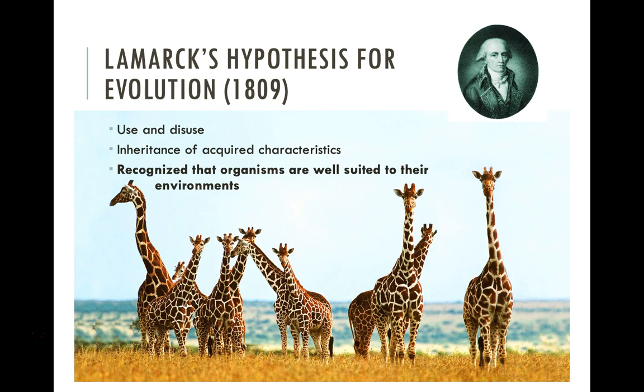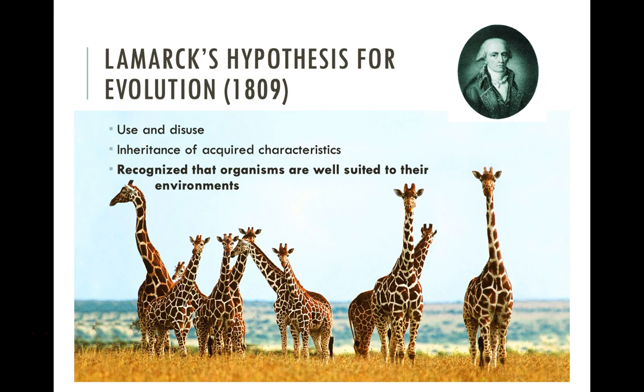A different example would be a bodybuilder who builds up his muscles really huge, and then he has a baby, and now his baby is born with those really huge muscles. So Lamarck's idea was that you could acquire a characteristic that was advantageous within your own lifetime and pass it on. Evidence suggests that that is not how evolution works.